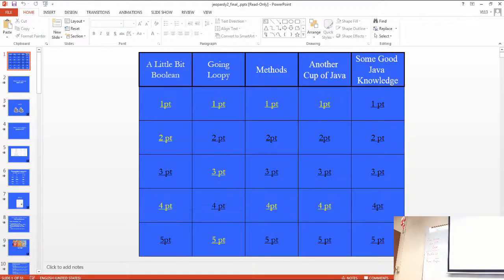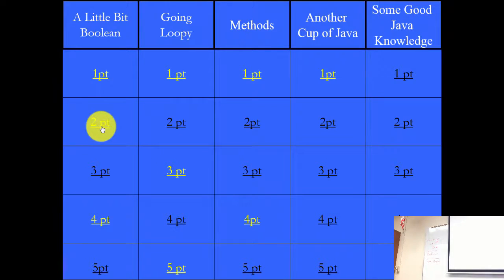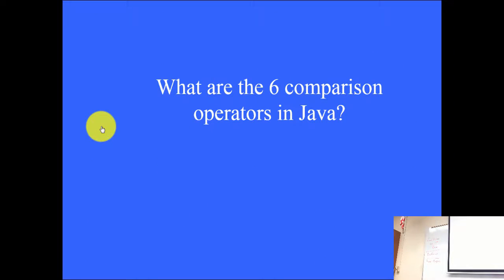All right, what are our 6 comparison operators? Not only in Java, but in other programming languages too. Well, how can you compare 2 numbers? Greater than, less than, or equals, greater than or equal to, and then less than or equal to.